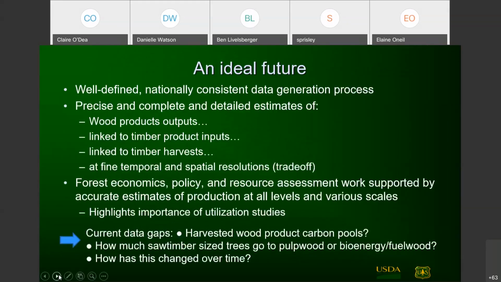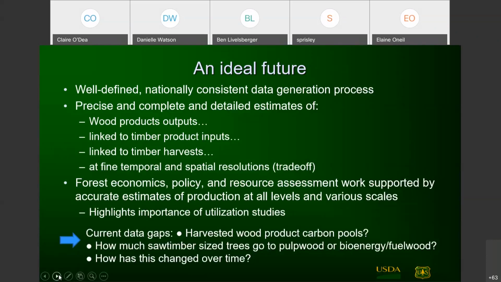Our work benefits from a well-defined, nationally consistent data generation process. We need precise, complete, and detailed estimates of wood product outputs that are linked to timber product inputs and timber harvests. The finer the spatial and temporal resolution of the data, the better, although we understand the trade-off between the two. All of our work is supported by accurate estimates of production at all levels and at different scales.